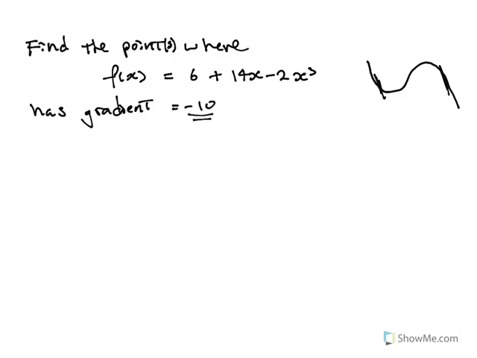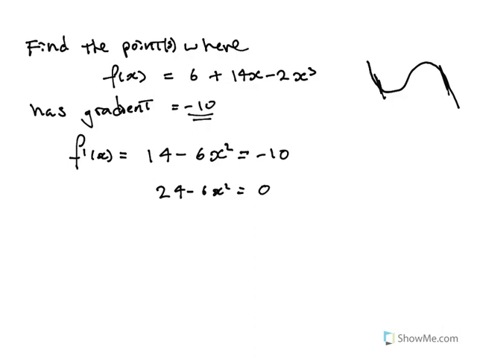We're looking for the gradient negative 10. That means I have to find f dash of x to get the gradient function, which is 14 minus 6x squared. And I want to find x when that equals negative 10. Let's do some rearranging. I get 24 minus 6x squared equals 0. So that's 6x squared equals 24, so x squared equals 4.